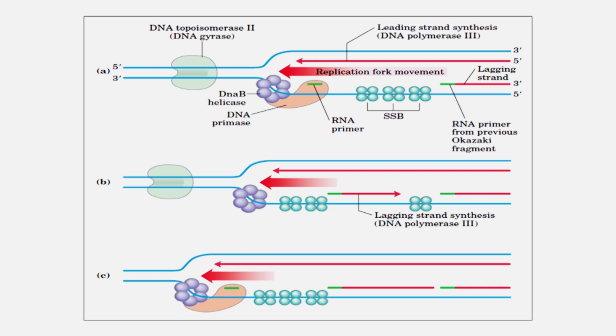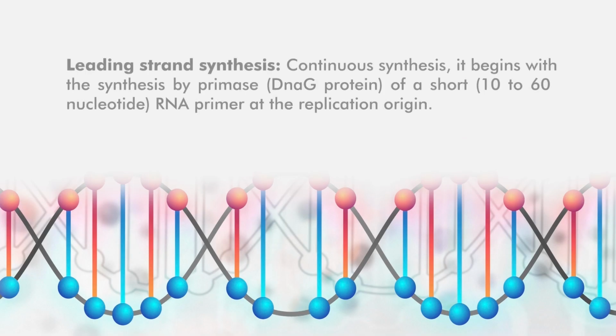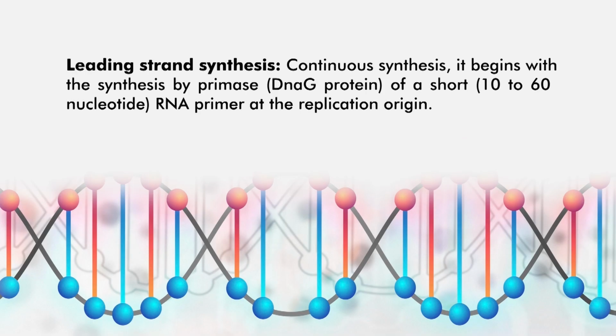So, for elongation, we can say that leading strand synthesis is continuous synthesis. It begins with the synthesis by primase, that is DNA G protein, of short, about 10 to 60 nucleotide RNA primers at the replication origin.